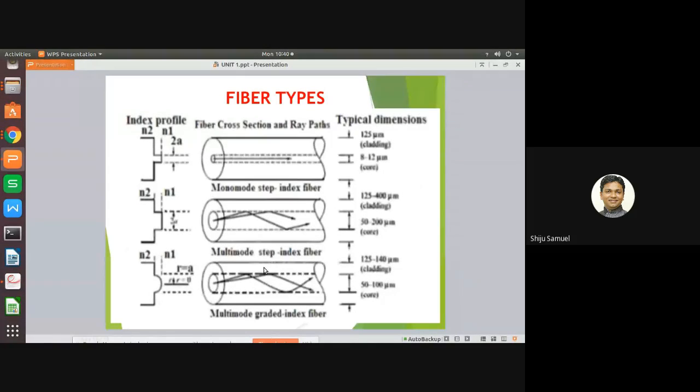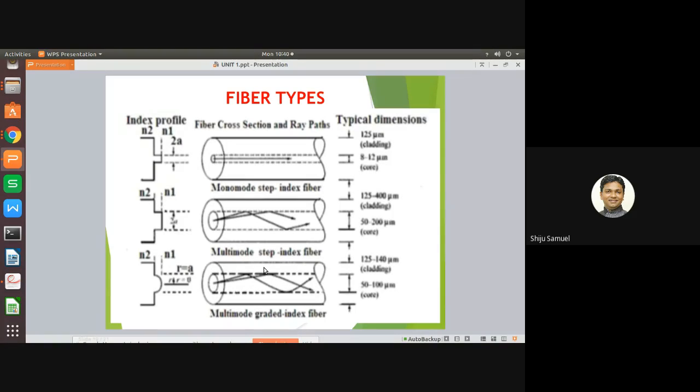In this diagram also you are observing the refractive index profile. Why do these step index fibers happen? Because the refractive index profile for this type of fiber makes a step change. Why the name came as step index fiber: because the refractive index profile for this type of fiber makes a step change at the core cladding interface.